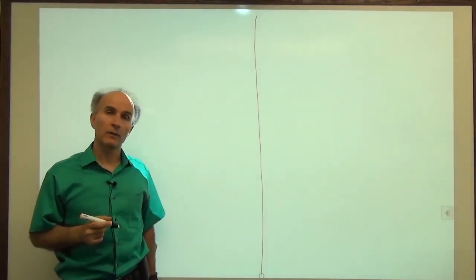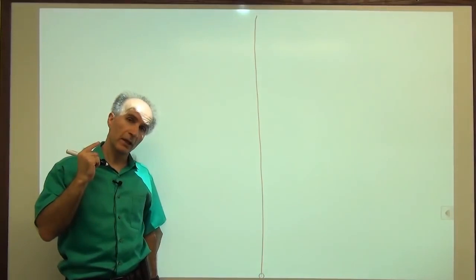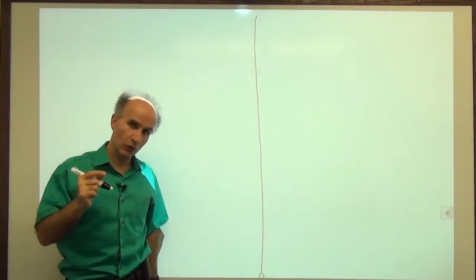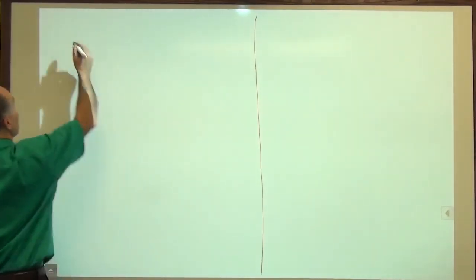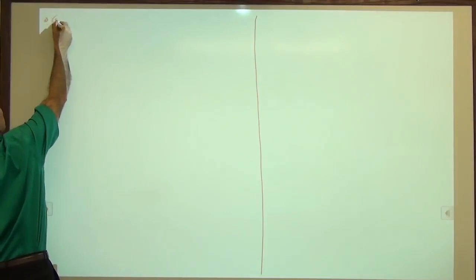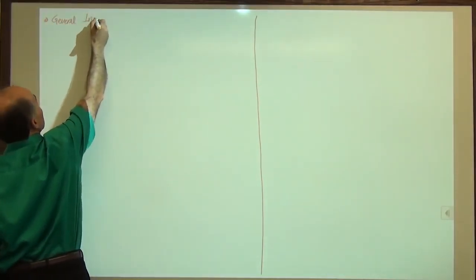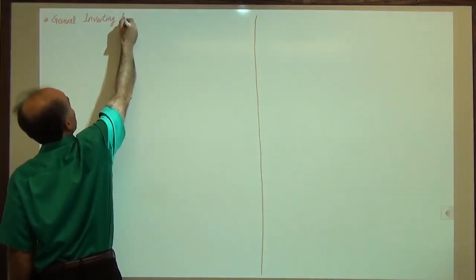All right, so before I introduce the integrator, I need to go back to the inverting amplifier and consider a more general case of that topology. So let's look at what I call the general inverting amplifier.